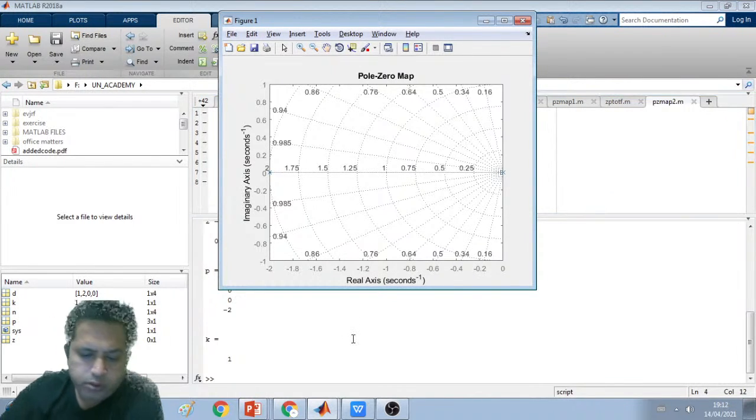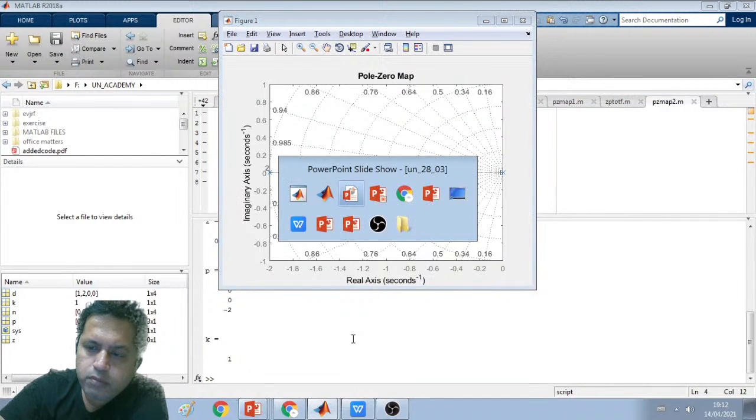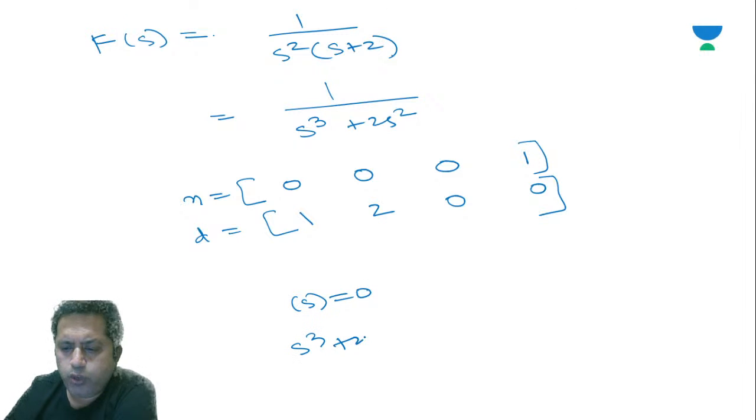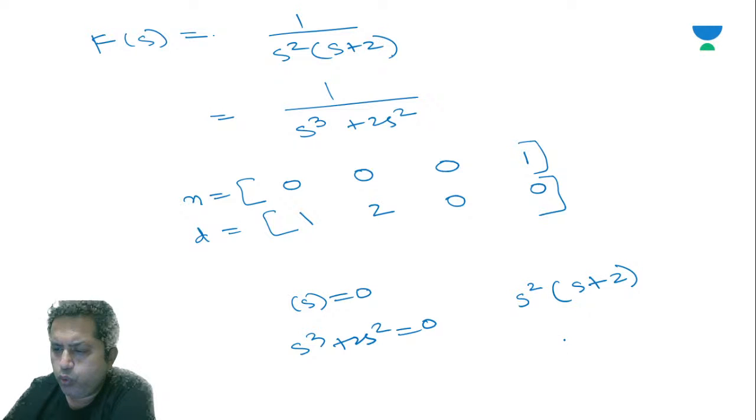Denominator equal to 0: s cube plus 2s square is equal to 0. So s square (s plus 2) is equal to 0.